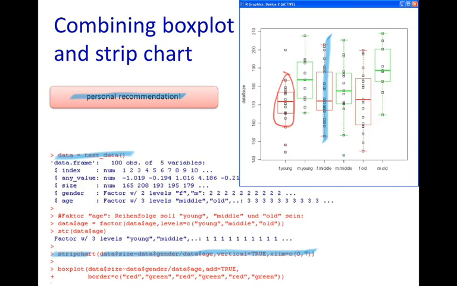Then you add exactly the same, but just replace strip chart by box plot and put the command add equal to true in addition, and you can specify the borders of these box plots to be red, green, red, green, red, green, right? So that ensures that you separate here by gender. So the females are red, the males are green.